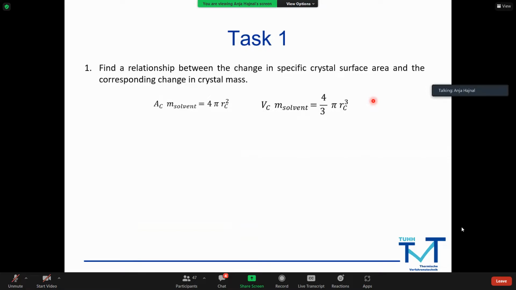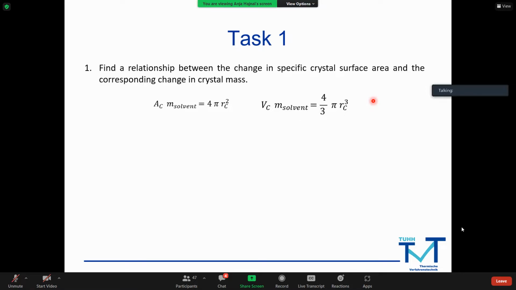All right. So under task 1, we need to find the relationship between the change in specific crystal surface area and the corresponding change in crystal mass. If you see here in equation 2, the differential equation that we will be using later, we have this AC, which is the total specific crystal surface area.